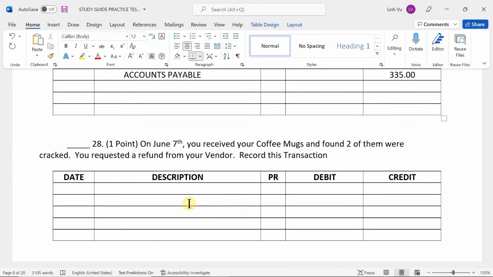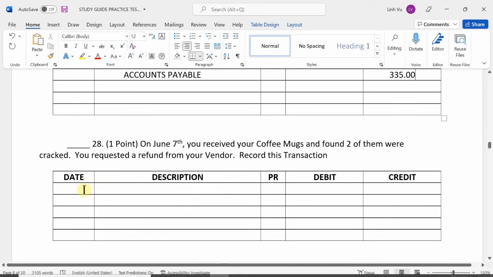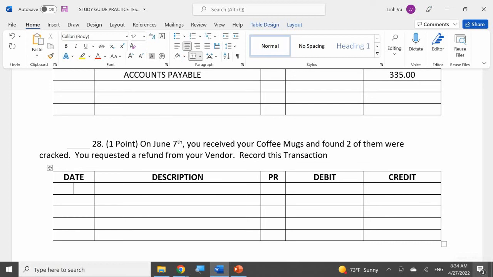Record this transaction. So it would be coffee mugs. Are you increasing or decreasing? Decreasing. We're decreasing, so that would be the second thing that you're going to recognize. Okay? What's the first thing you're going to recognize?